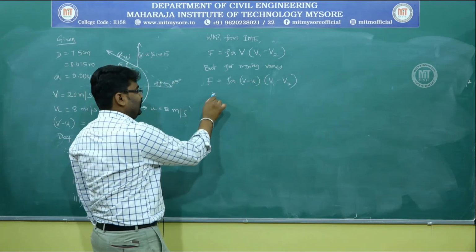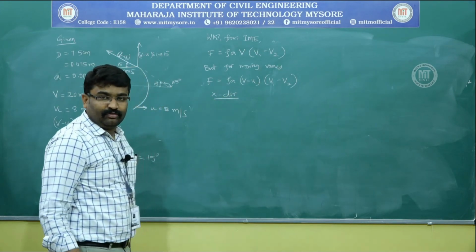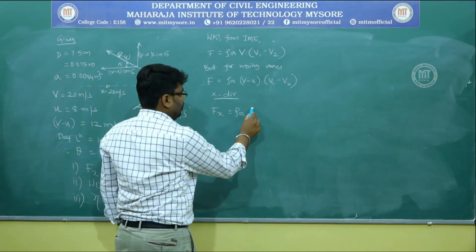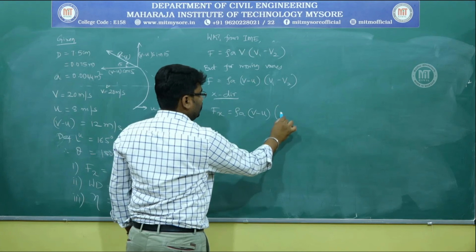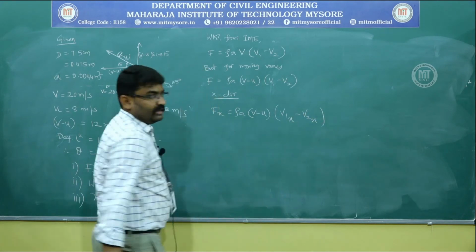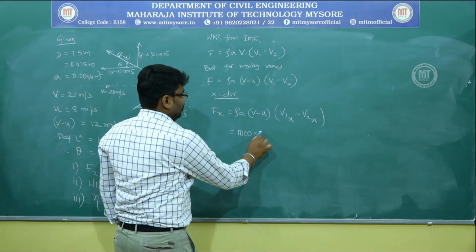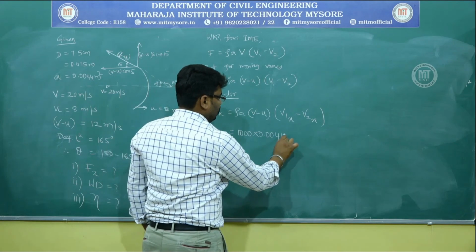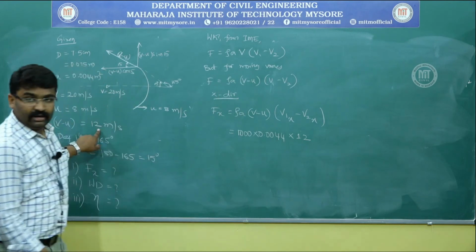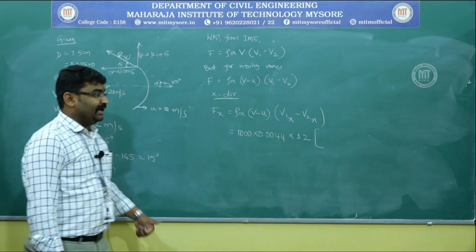So now take that in x direction, because you want the force only in x direction. So Fx is equal to rho A into V minus U into V1 in x direction minus V2 in x direction. So it is 1000 into area is 0.0044 into V minus U, you have taken it as 12. So whole multiplied by V1 in x direction.